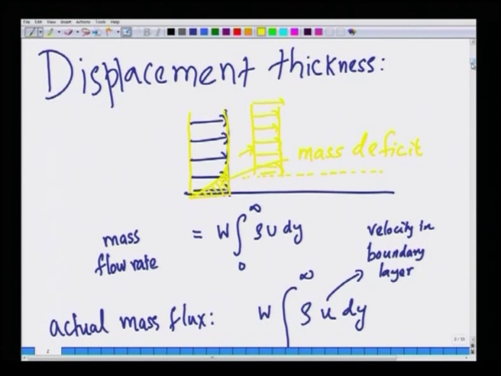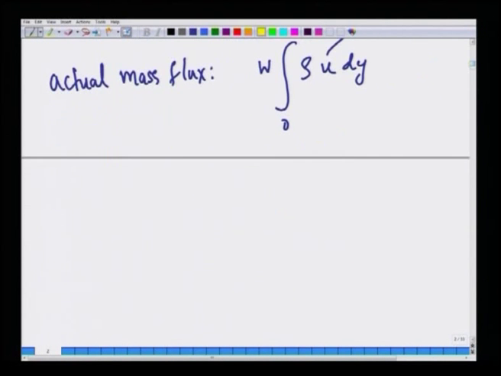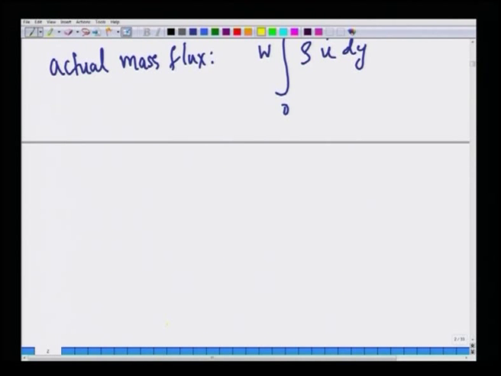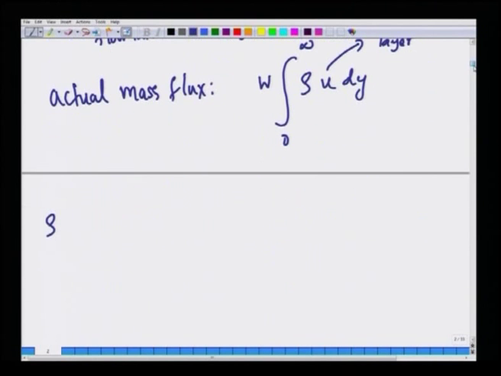Essentially the net effect of the boundary layer is as though it is trying to lift the flat surface, so that the mass deficit is accounted for. So, how do we do that? We are going to set the losses equal. Suppose you call this thickness delta star. This mass deficit must be equal to this mass deficit. That is the way we are defining delta star.